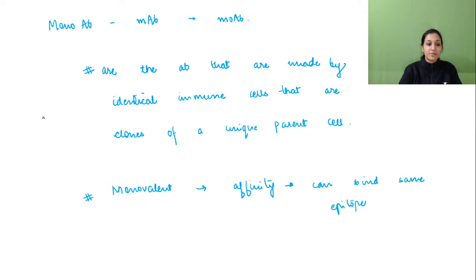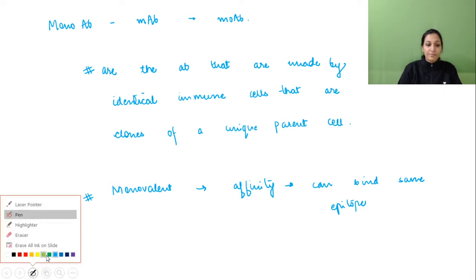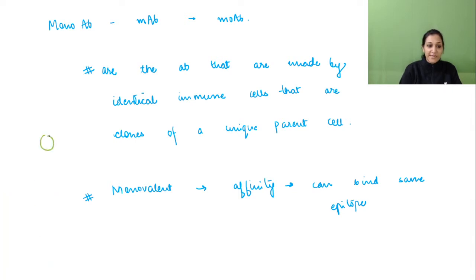If we are seeing an antigen, if this is an antigen, there will be many different things on its surface, like this, or like this. All these surface things, which can elicit the immune response and for which the antibodies arise, are called epitopes.